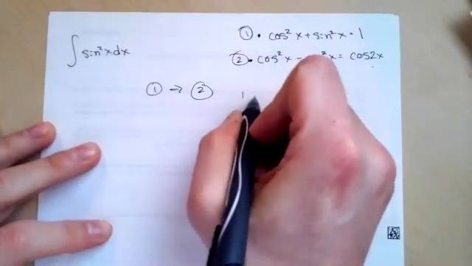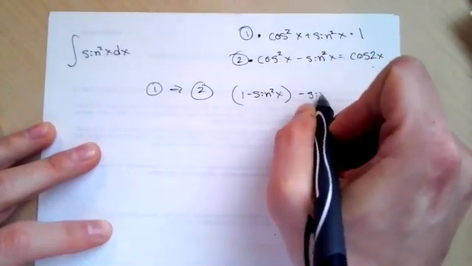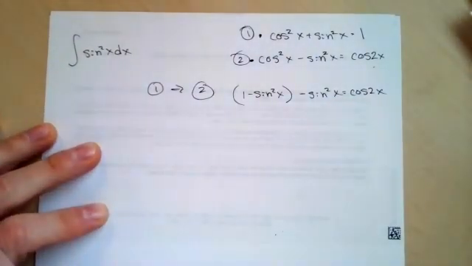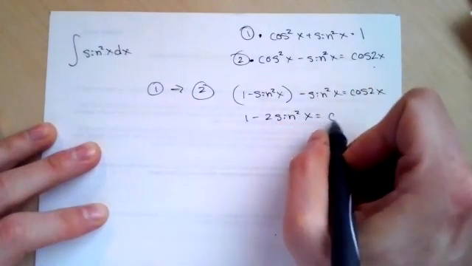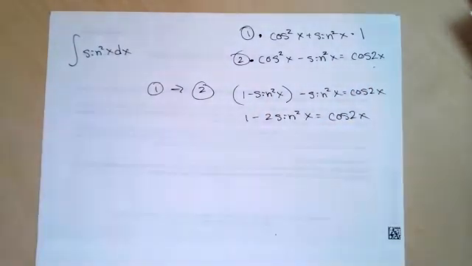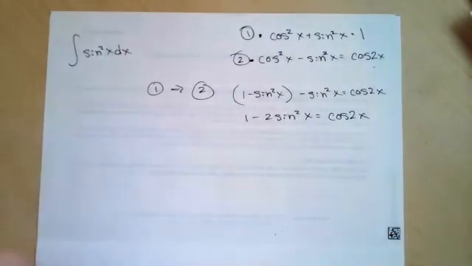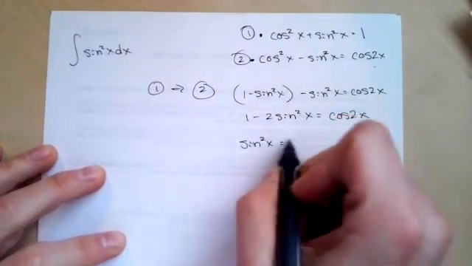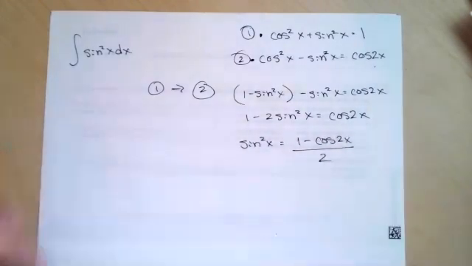So we will have 1 minus sine squared minus sine squared is cosine of 2x. And so 1 minus 2 sine squared x is cosine of 2x. Now what do we want to substitute out? Our sine squared. So let's solve for that. So that's our sine squared.